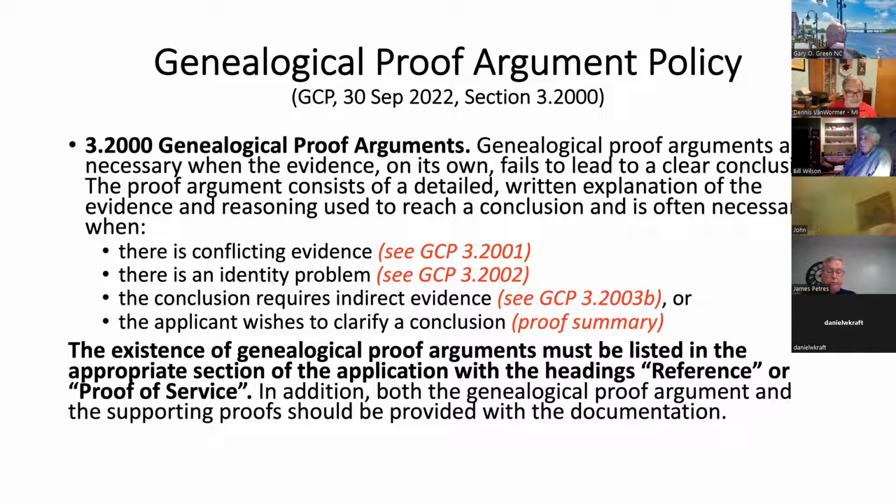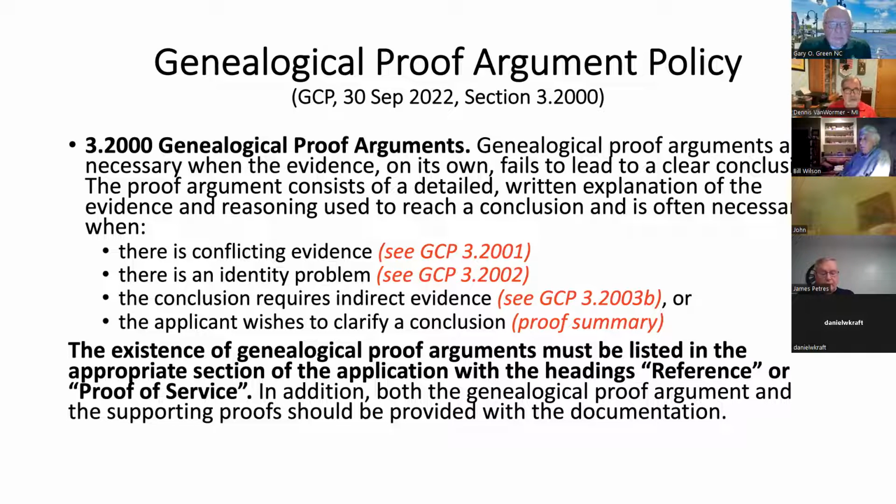The 4th one is a recent addition that I think came in July, and this is where there would be a differentiation between argument and summary. Usually the first 3, it's a fairly detailed, complex argument, and you need this.